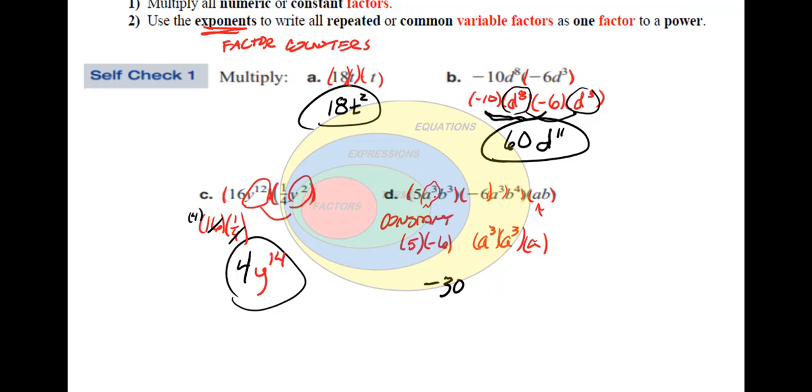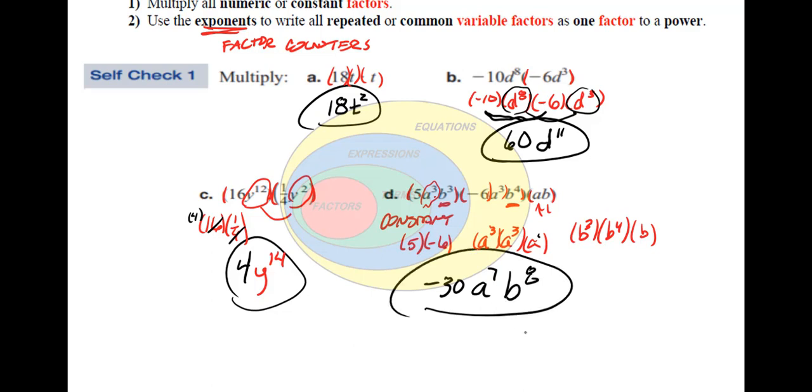So a cubed, a cubed, and a to the first power would be 7 total factors of a. So that'd be a to the 7th. And then b, if we look at our factors of b, I have a b cubed in the first one, I have a b to the 4th, and then I have another factor of b here. So if I use the powers 3, 4, and 1, I have b to the 8th power.